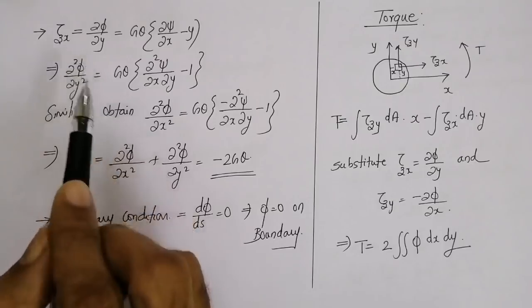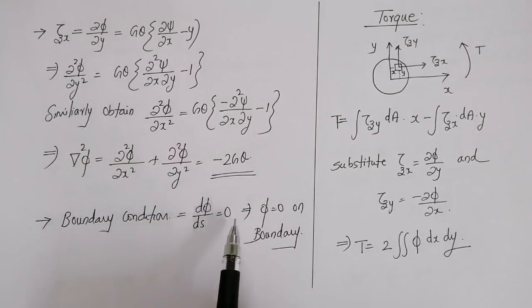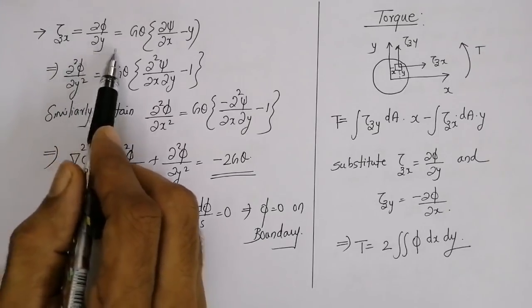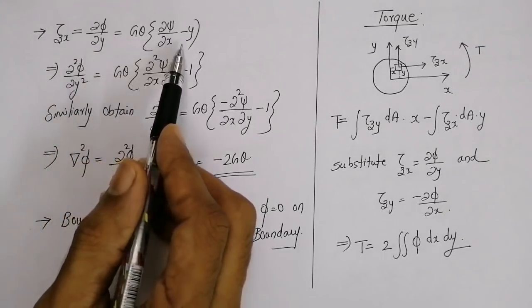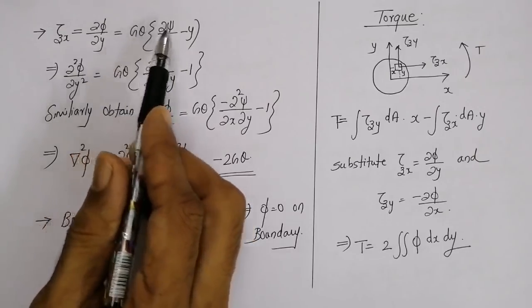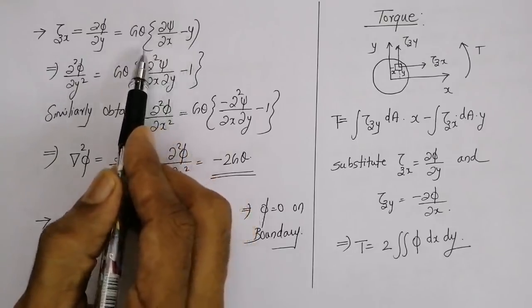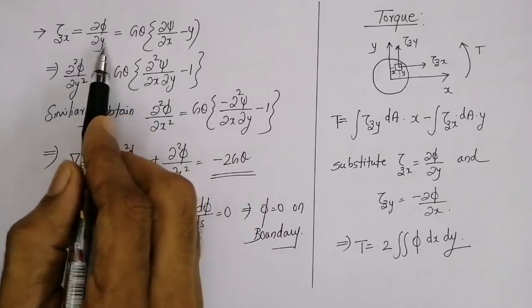We are trying to derive the governing equation of the Prandtl's method. Tau zx equal to dou phi by dou y, which is equal to G theta into dou psi by dou x minus y. This is the function which we have obtained during the Venant's method. So we are equating these two functions.